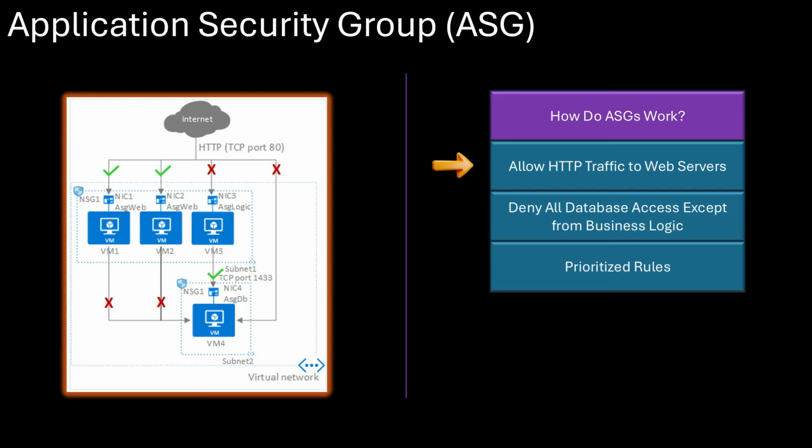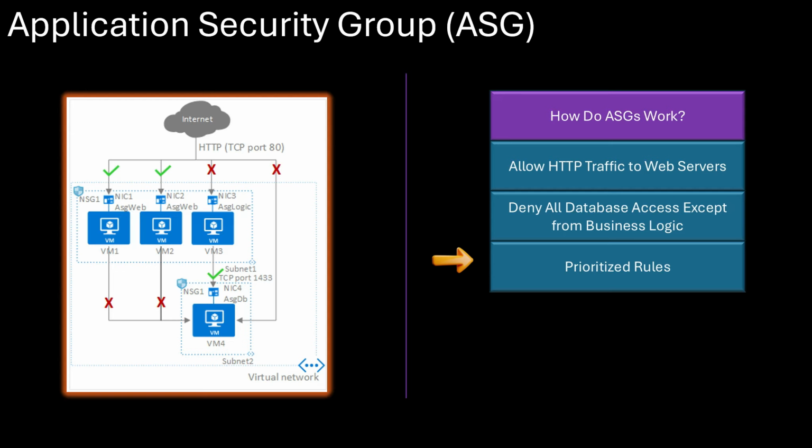So in this case, traffic from the internet on port 80 is allowed only to ASG-Web. The default deny all inbound rule in NSGs will ensure nothing else sneaks through. A security rule blocks all traffic to ASG-DB, which is your database layer, unless it comes from ASG-Logic on port 1433.